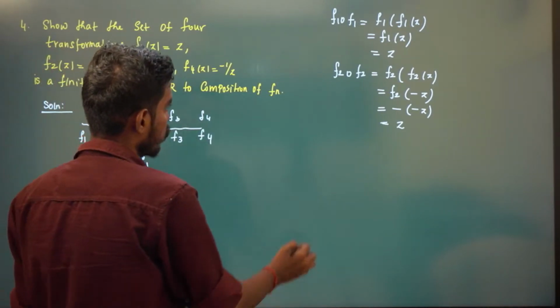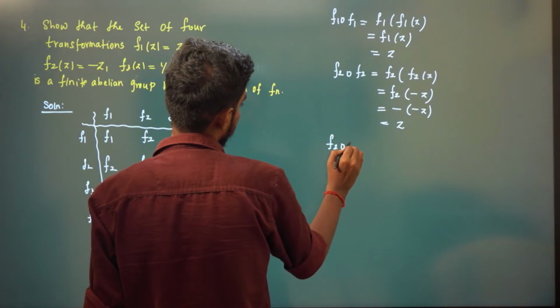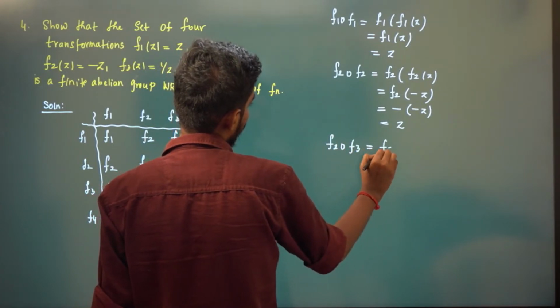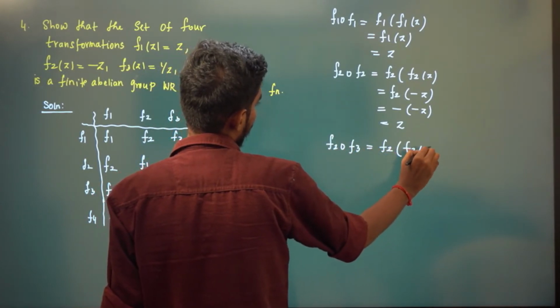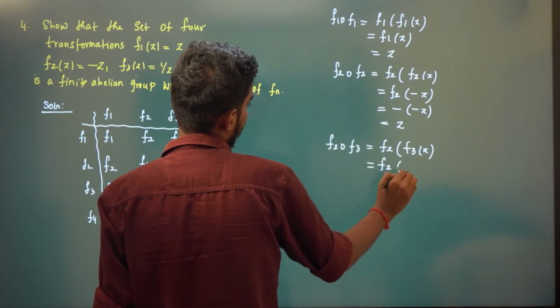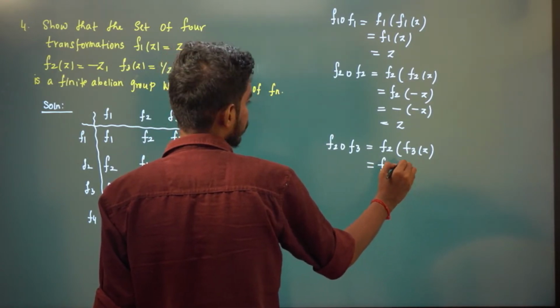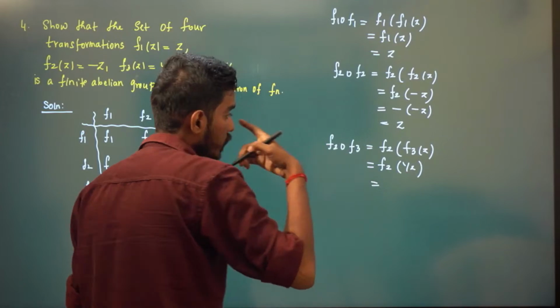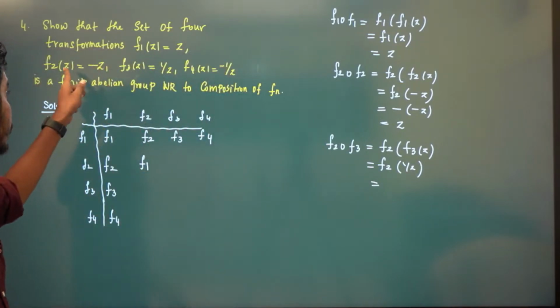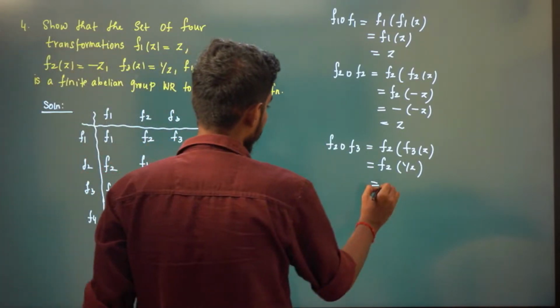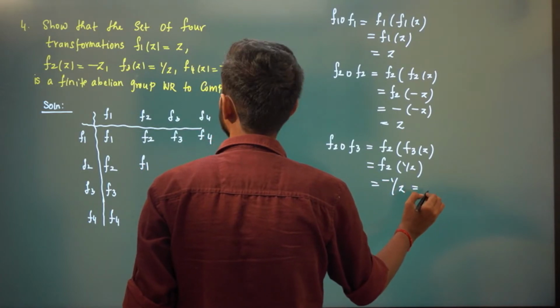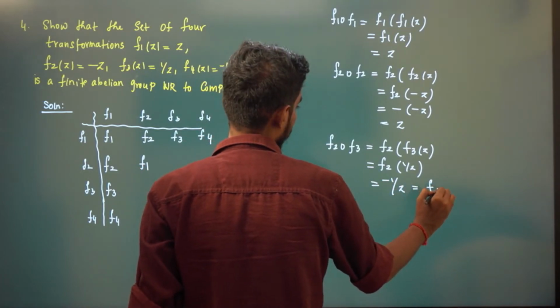Now F2 composite F3. This is F2 of F3 of Z. F3 of Z is 1 by Z. So F2 of 1 by Z is minus 1 by Z.